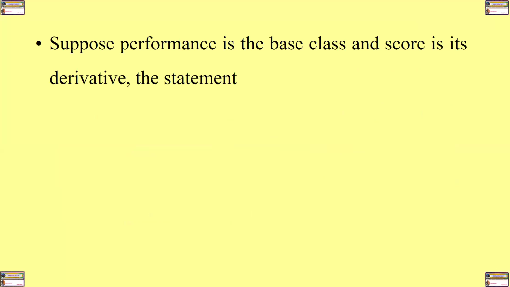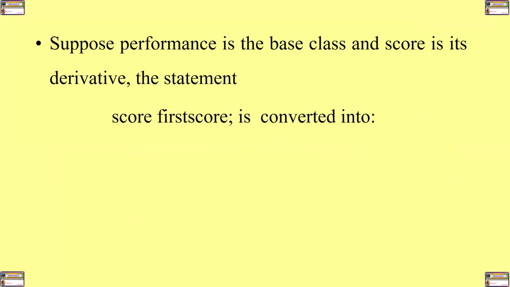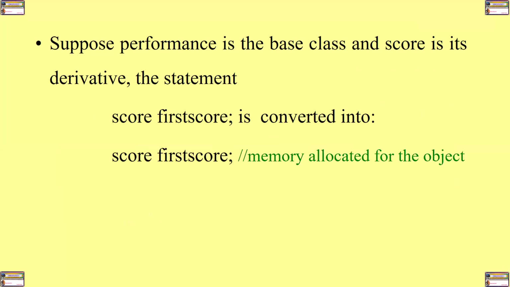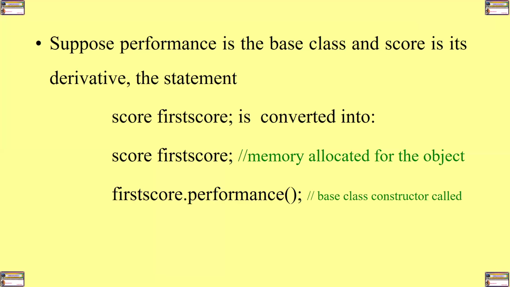Suppose Performance is the base class and Score is its derivative, then the statement Score firstScore; is converted into Score firstScore, that is, memory allocated for the object. The memory allocated for the object Score is called firstScore. Then we have the base class constructor that can be called using a statement, as you can see, where we have firstScore.Performance.